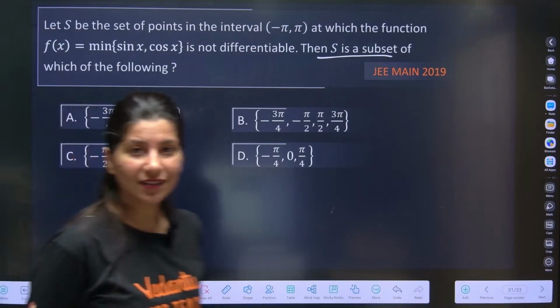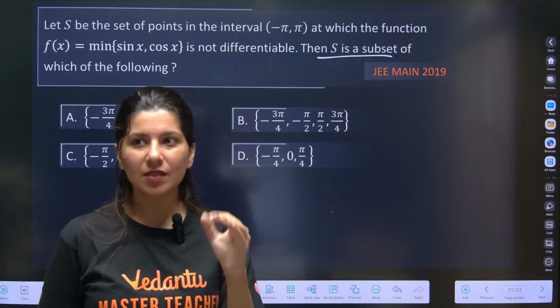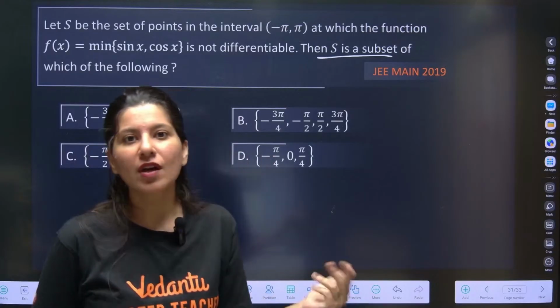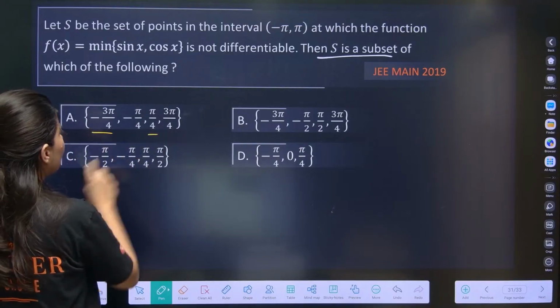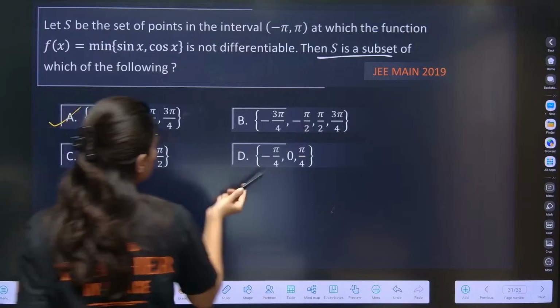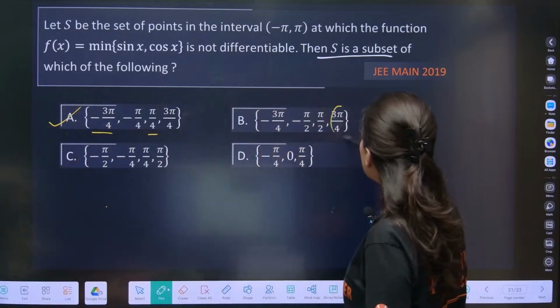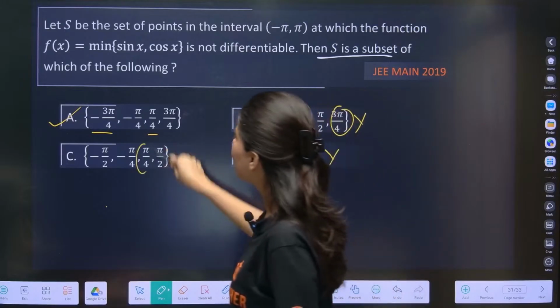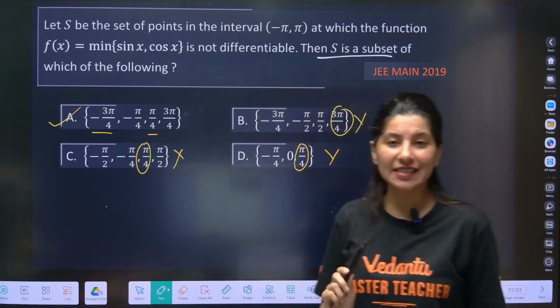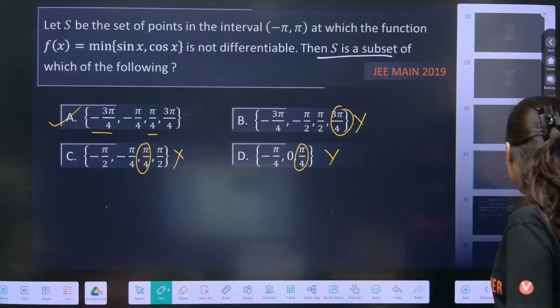Any set which has the two elements pi by 4 and minus 3 pi by 4 will be my set. Here minus 3 pi by 4 is there, so option A might be correct. Only 3 pi by 4 is there, only pi by 4 is there, so only option A has all the things together.